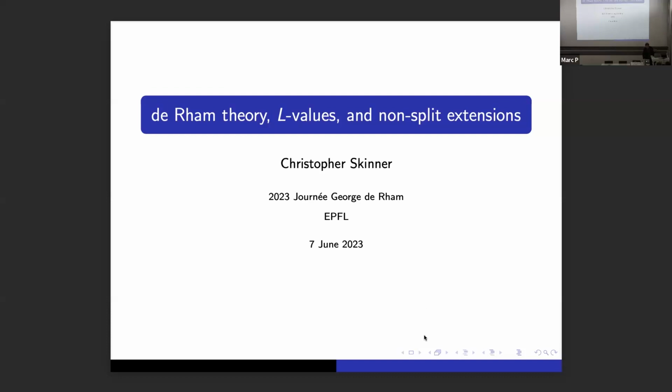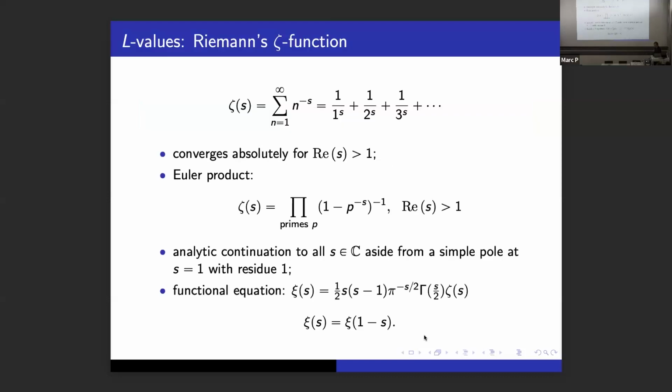L values. If we're going to talk about values of L functions, we should probably begin with the Riemann zeta function, something that we're all hopefully familiar with. Initially defined as just a simple series, the sum over the integers of n to the minus s, which is absolutely convergent for the real part of s larger than 1, and in fact can also be expressed in that same region as an infinite product, a reflection of the unique factorization of integers.